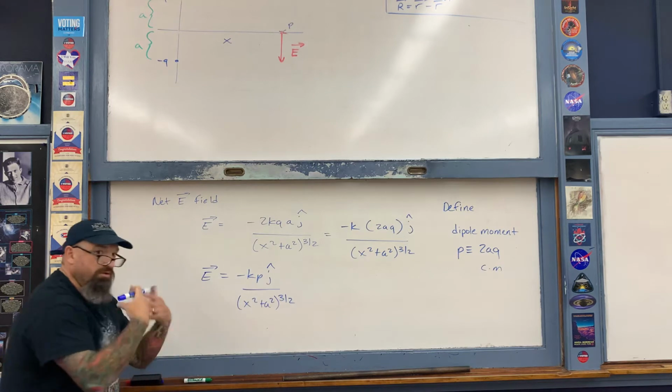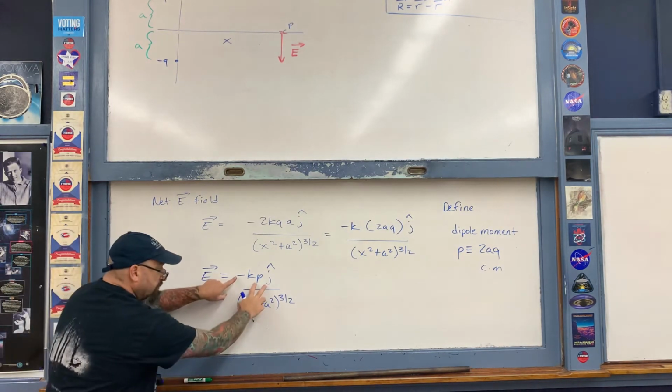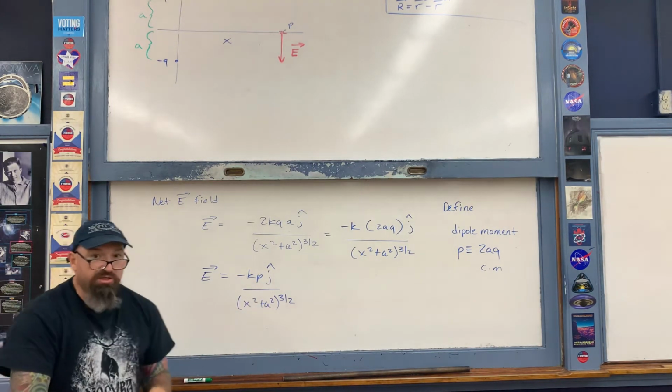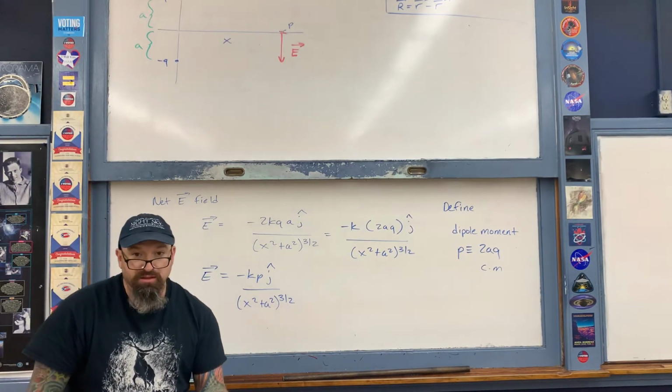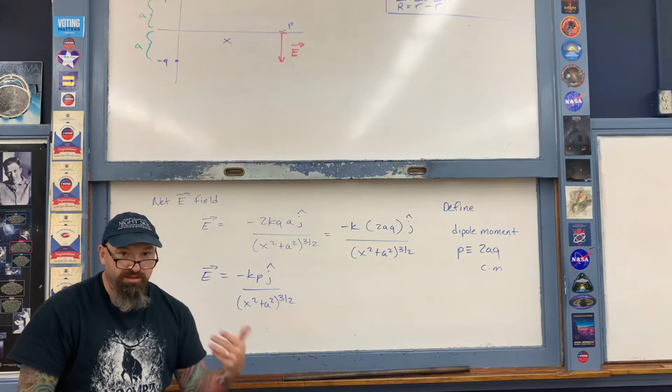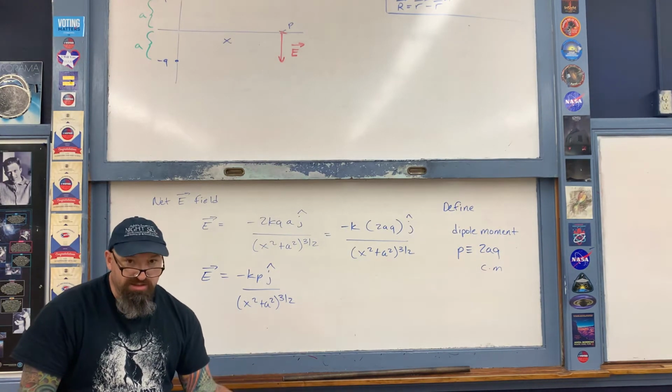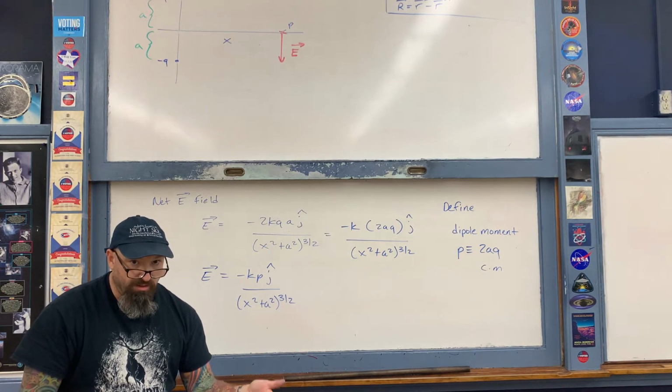Like so, and then when you write it like this, notice that the numerator of the expression is actually describing a vector. The dipole moment is a vector. By definition, it goes from the negative charge to the positive charge on the diagram above.